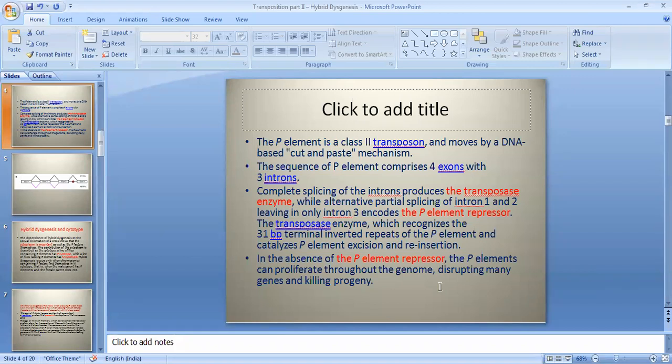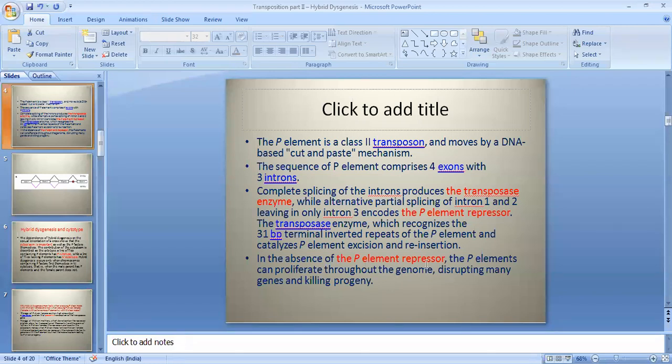So repressor will be there, and even though the P elements are there, they will not move to other places and will not disturb the genes. That is why, in spite of having these P elements, they survive.